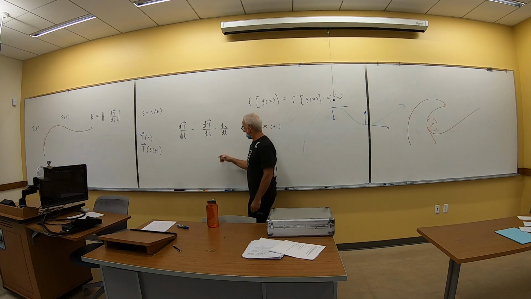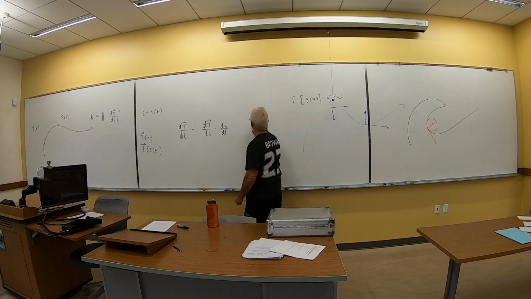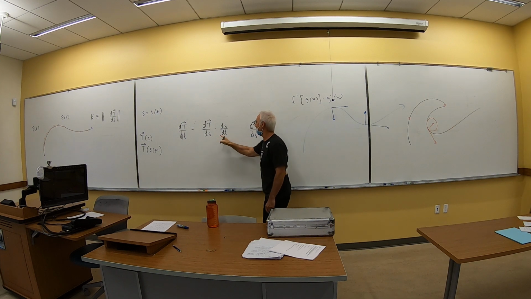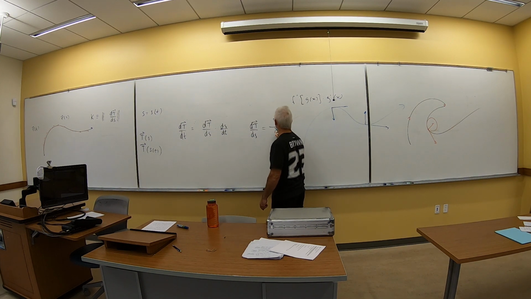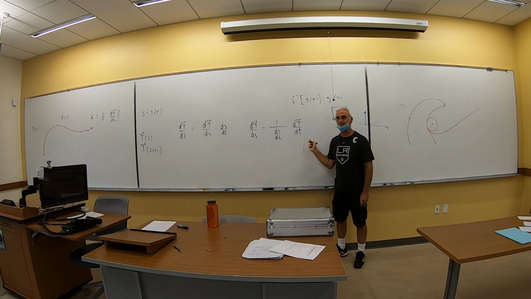Oh, so this is not complicated, but I got to get it right. So therefore, the derivative of the unit tangent with respect to the arc length would simply be 1 over ds/dt, I'll put it in front, times this.